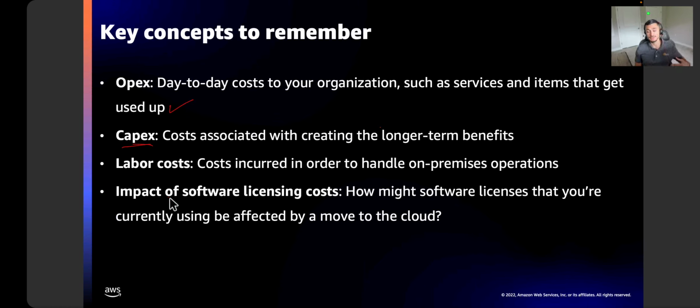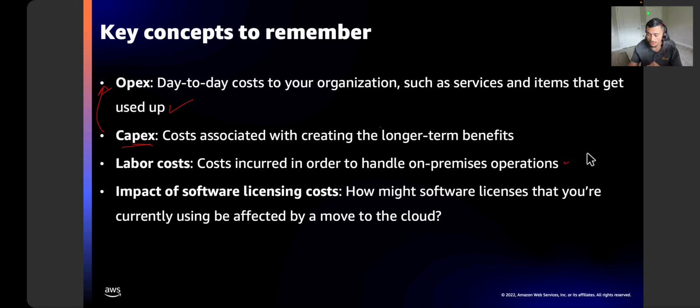So capital expenditure is the expenditure related to buying physical hardware or buying equipment. And really, this is only an on-premises cost, right? So the cloud, one of the main benefits is that it allows us to trade capital expenditure for variable or operational expenditure because we don't have to invest in physical infrastructure or abide by long-term contracts, right?